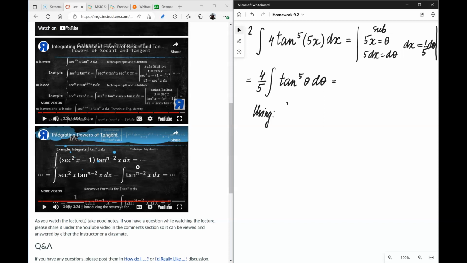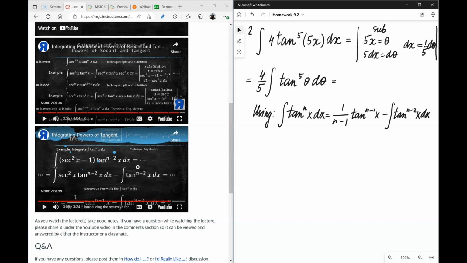is right here. Integral of tangent to the power n of x dx is equal to 1 over n minus 1 tangent to the power n minus 1 x minus integral of tangent n minus 2 x dx.